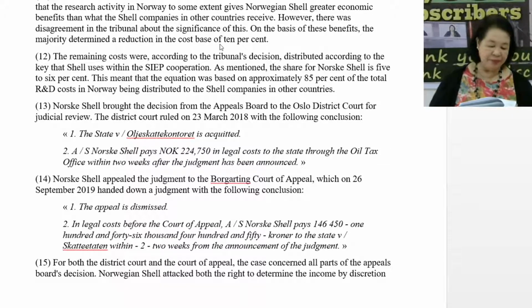Doon, dami nila. So Norske Shell brought the decision from the appeals board to the Oslo District Court for judicial review. So nag-appeal na naman yung Shell. The district court ruled on March 23, 2018 with the following conclusion. So ito naman yung observation ko, no? In some countries, napakabilis ng kanilang decision sa mga cases.